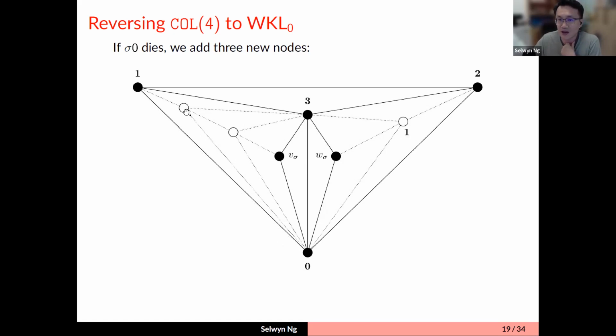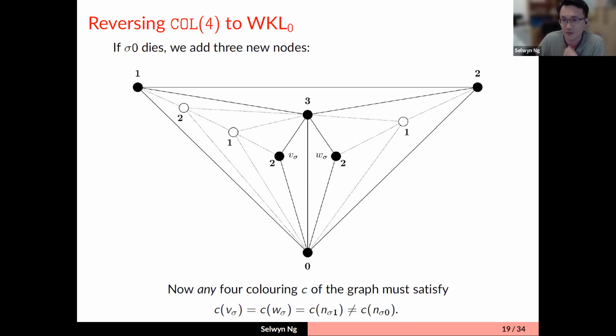And by a similar argument, the two white nodes connected to 1 can be seen to have the remaining colors filled in this way. So in this gadget, any 4-color of the graph has to have the property that the 2 black nodes in the middle are colored the same as the 1 extension node up here.